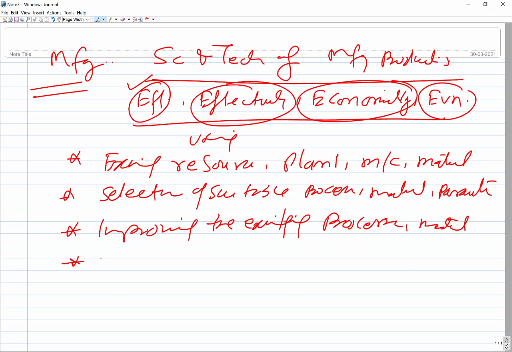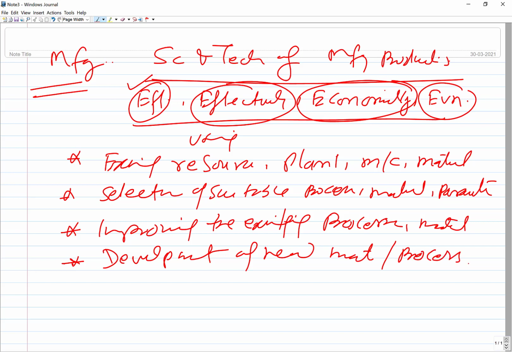And lastly, if you don't have the enough capability to process a particular material, or you don't have the material which can serve the given purpose, then development of new material itself or the new processes. You must have heard the breakthrough technologies are developed. So breakthrough technologies are also developed in the manufacturing domain.